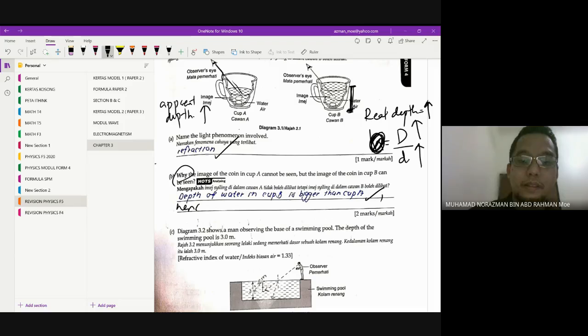Hence, the apparent depth of the coin in cup B is also increase.